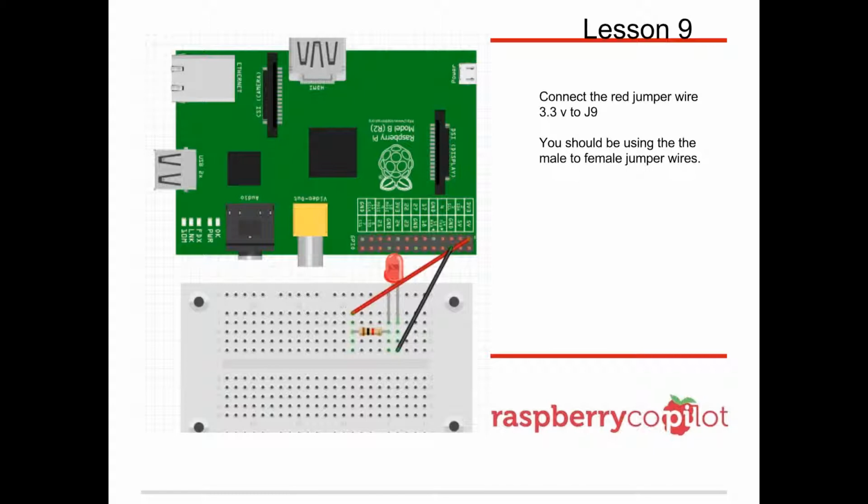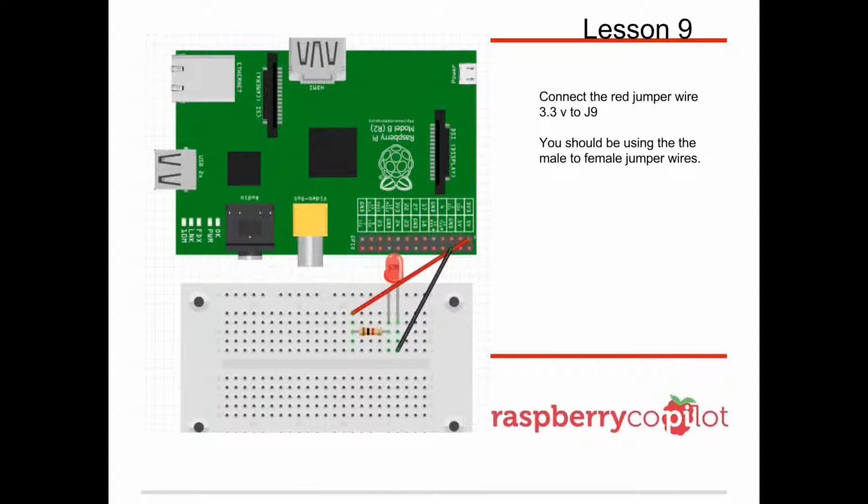Okay, you need one that has a hole on one end and a point on the other end. You need 2 of those. If the colors aren't the same, I'm fine with that. Whatever you have, but they don't have to be red.